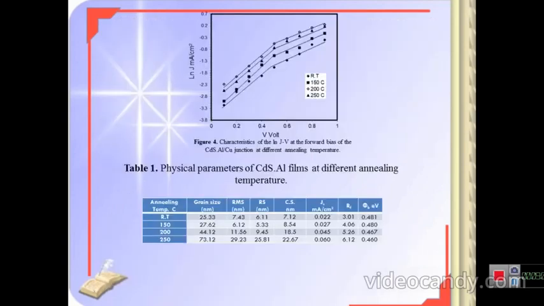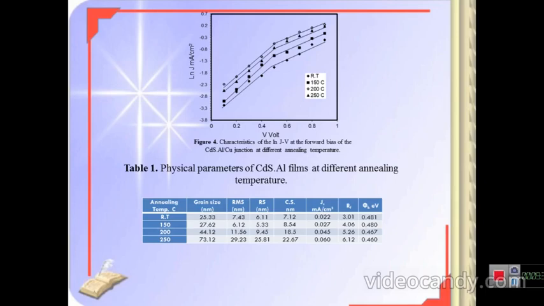Depending on Figure 4, it was found that the saturation current increases with the annealing temperature while the barrier height has a decreasing behavior with the annealing temperature. This is attributed to an increase in the crystalline grain size, as in the X-ray diffraction measurement.